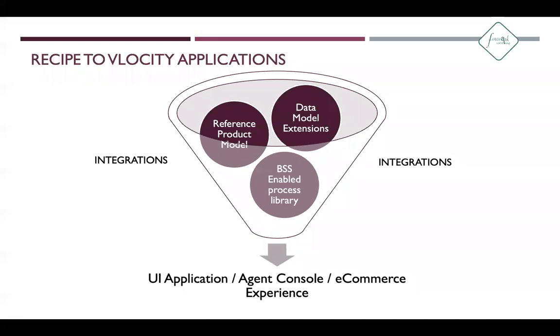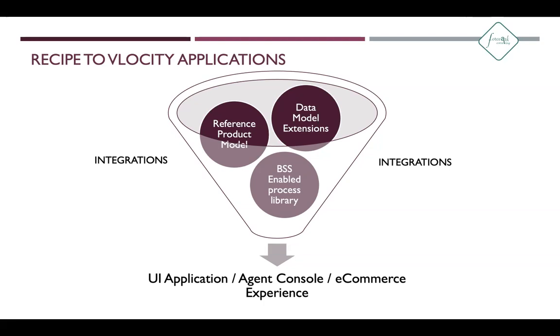Then there is a reference product model available in Vlocity, which comes with the data packs that you install. There would be some samples around internet or mobile product models, which you can build on top of, or you can define your own. These are all enabled, as I have been stressing, with BSS enabled processes.